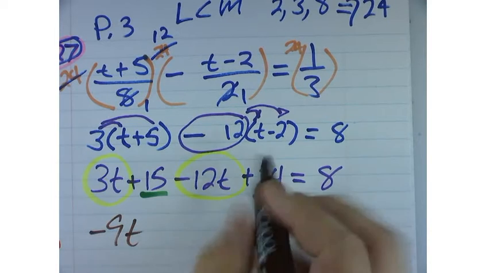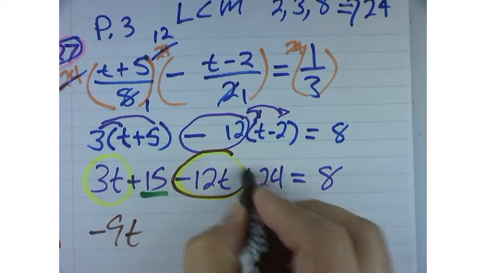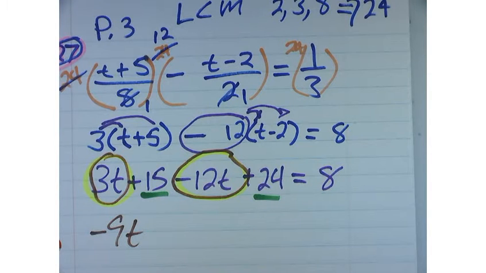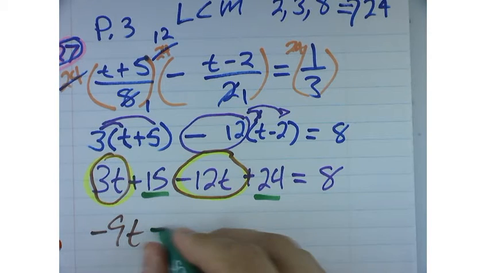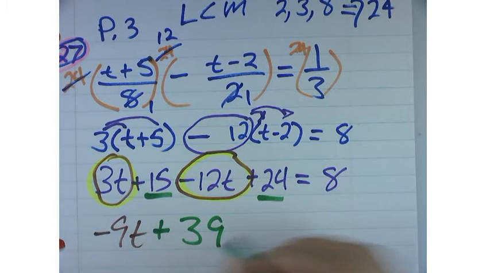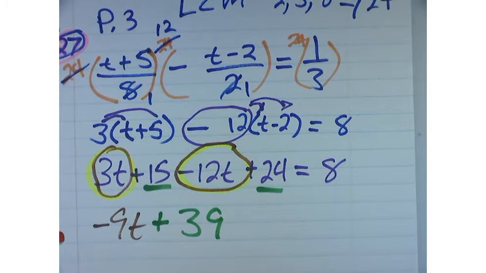Just to show you what I did, I took this and combined it with this, and I got negative 9t. Now 15 plus 24, what's that, 39? Yeah, so I've got 39 here. And then my equals 8 just stays by itself. All right.